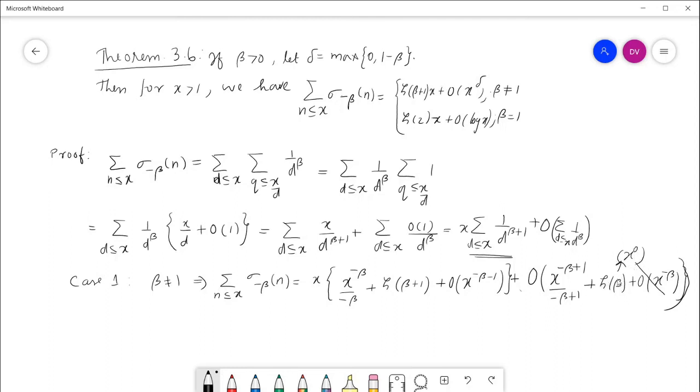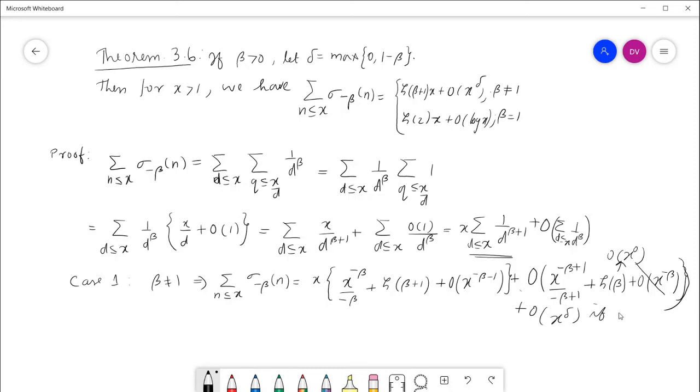That means if we set delta as the maximum of 1 minus beta and 0, that maximum value dominates among these two. Okay, so we can take it as O of x raised to delta, where delta is the maximum of 1 minus beta comma 0.